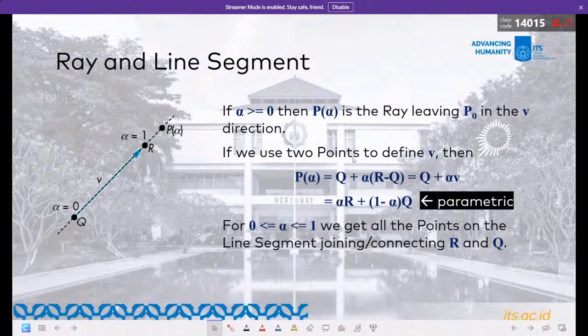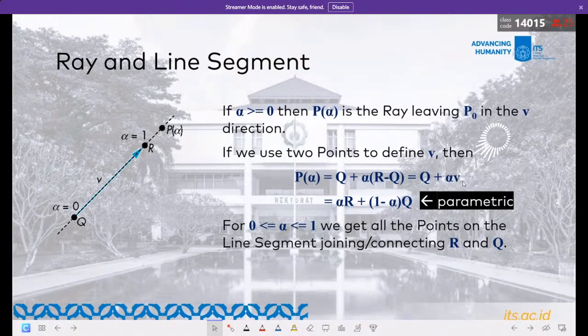If you use 2 points, for example this Q and R, to define V, then P alpha, the symbol of the line, the infinite line, is equal to Q, the starting point, plus alpha, and hopefully you still remember that it can be D in the previous equation, or in this case V, alpha multiplied by V.